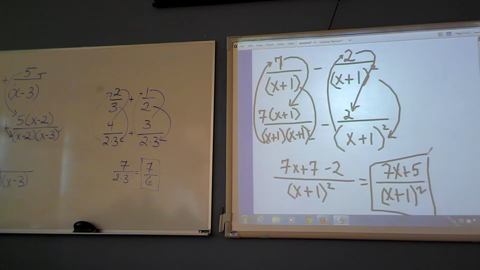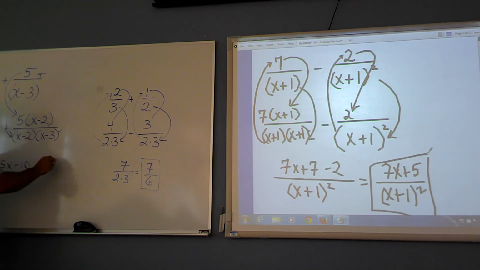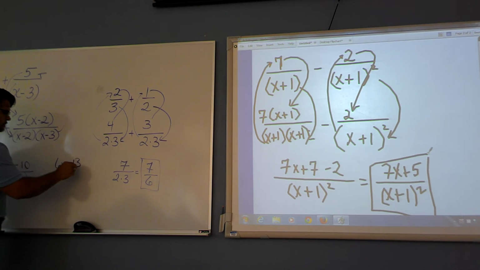So what does that give us right here? X minus 3, yeah, because 1 doesn't do what? Doesn't change anything. Now do 5, that'd be 5x minus what? 6x minus 13 over the common denominator.